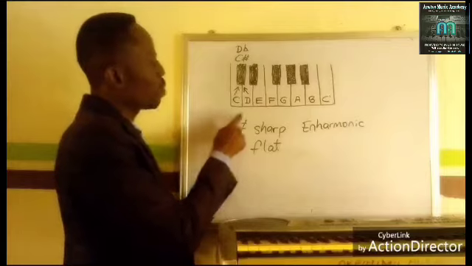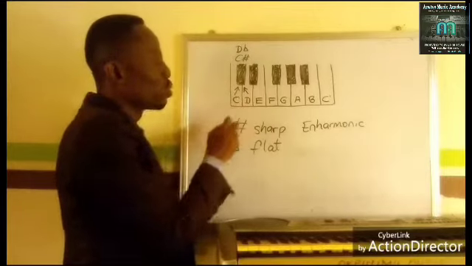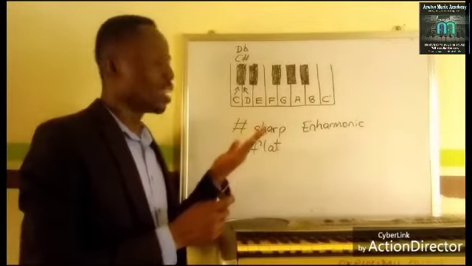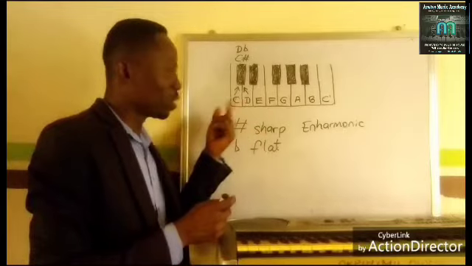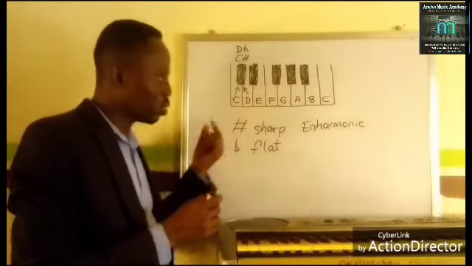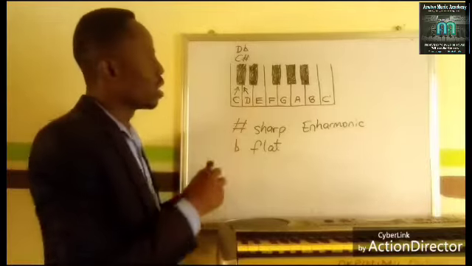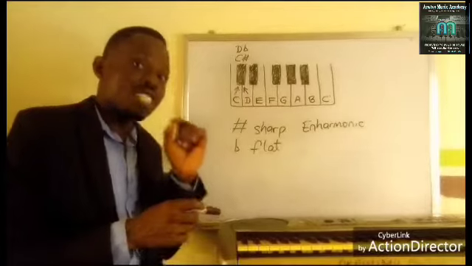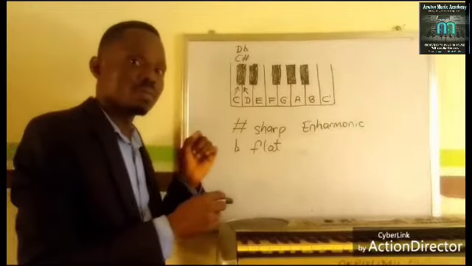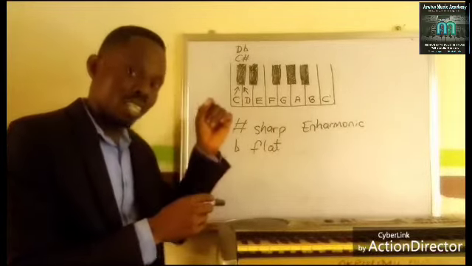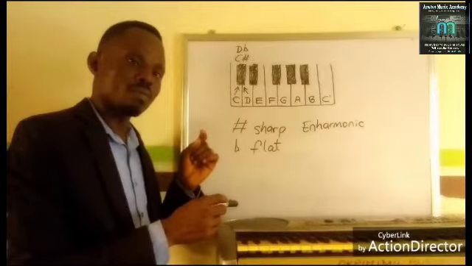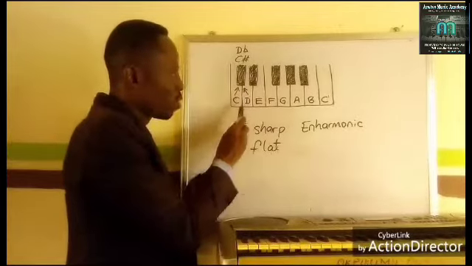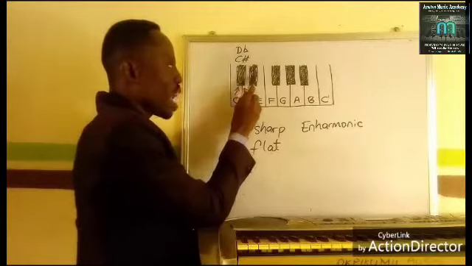If I place a sharp on D, it will raise the pitch of D by a semitone, landing here, moving a distance or an interval of a semitone from D upward.